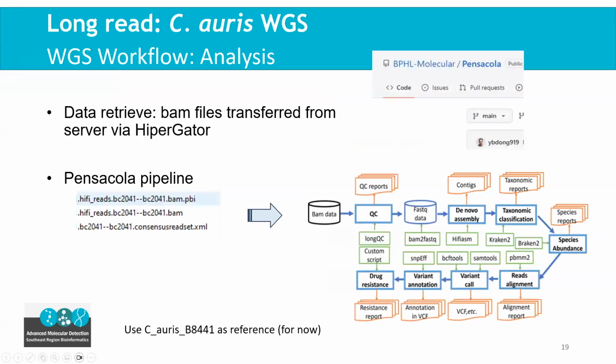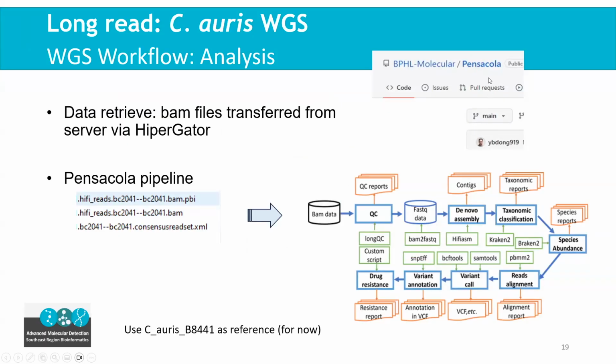After the run is finished, the BAM files, this is an example for one sample, as shown here, are transferred from the server connected to the PacBio instrument for storage through HiPerGator.